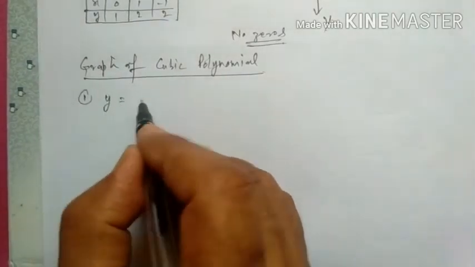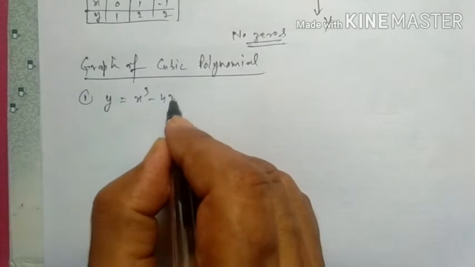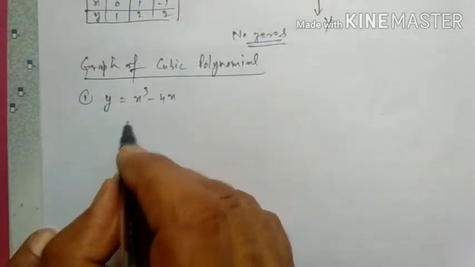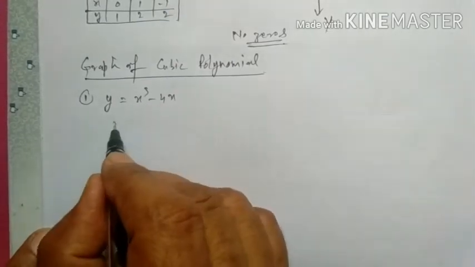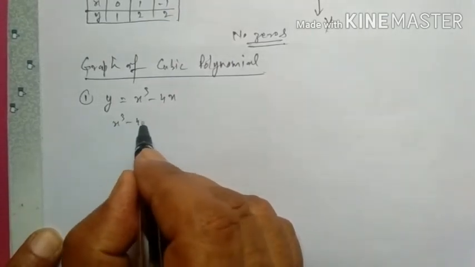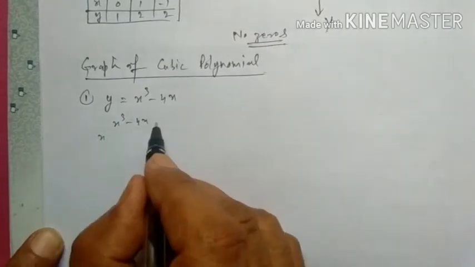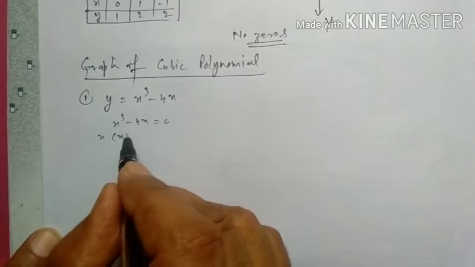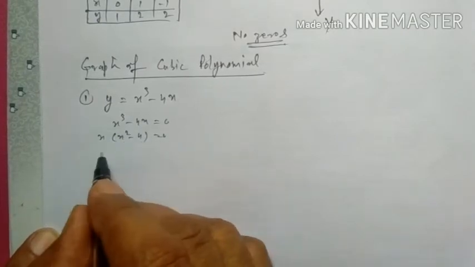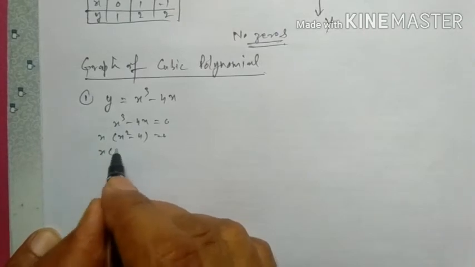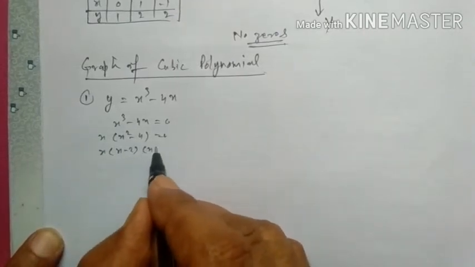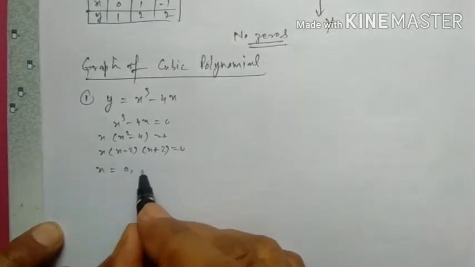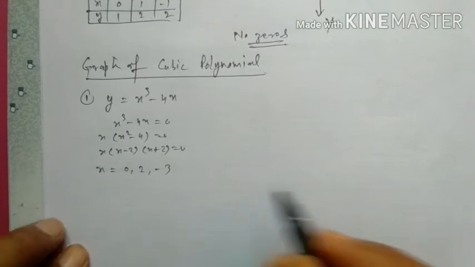the equation is y equal to x cube minus 4x. When we draw its graph, equate it to 0: x cube minus 4x, take x common, x square minus 4 equal to 0, x minus 2, x plus 2 equal to 0, so the values of x will be 0, 2 and minus 2.